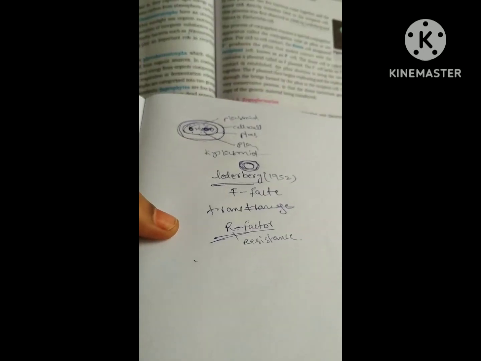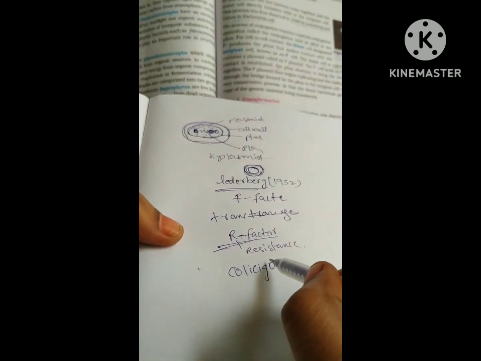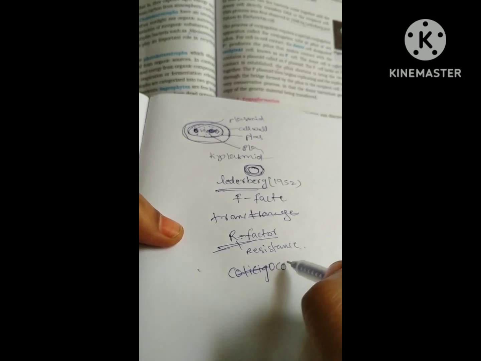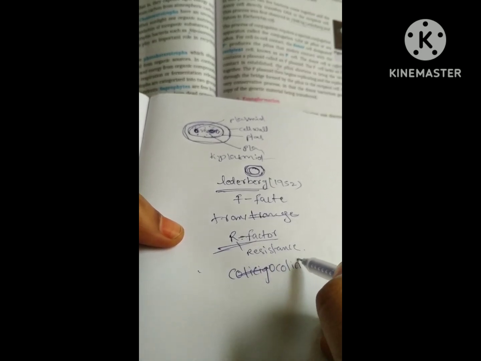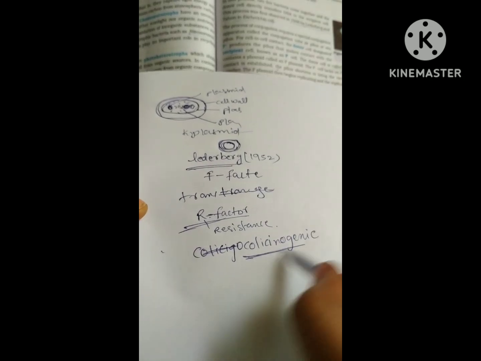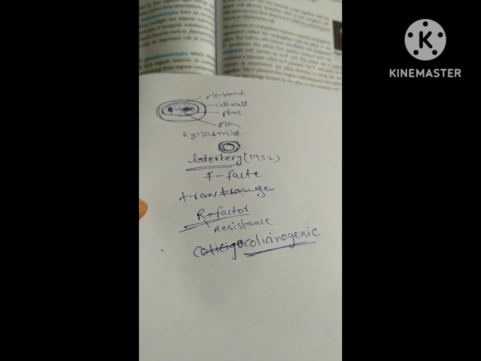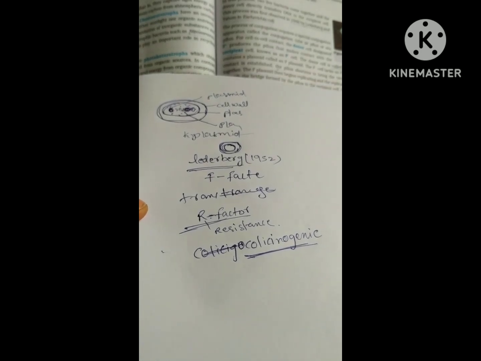The colicinogenic factor produces colicins, which kill other bacteria other than the one which produces these colicins.